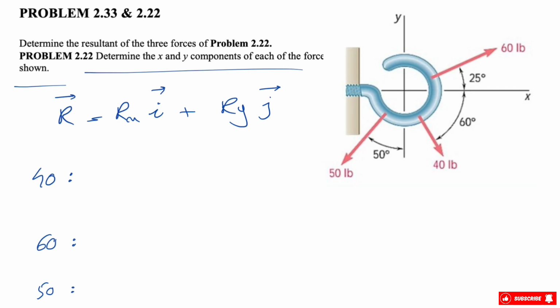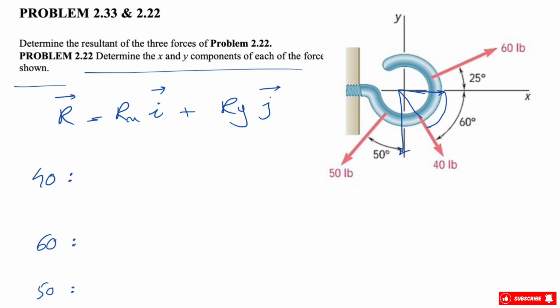Since we have the angle for each of these forces with x and y direction, as long as we have the angle with x axis, the cosine will be the x component. So here, for this force, we have the angle between the force and x-axis, and we can see that the x component will be positive since it's to the right side.